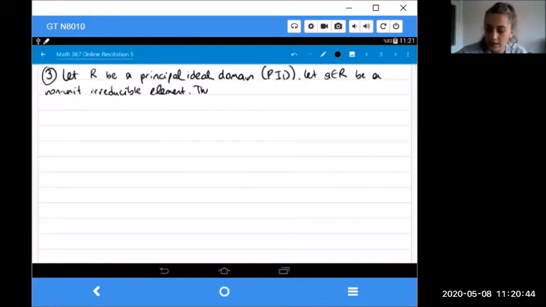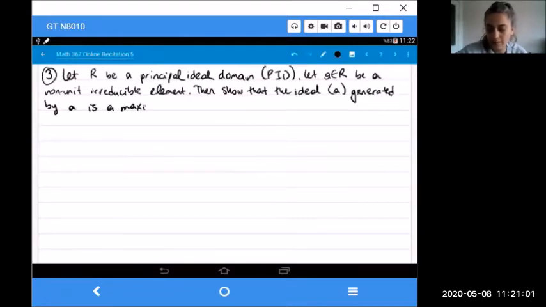Then show that the ideal generated by a is a maximal ideal. So this is the crucial information that over PIDs, irreducible elements generate maximal ideals.